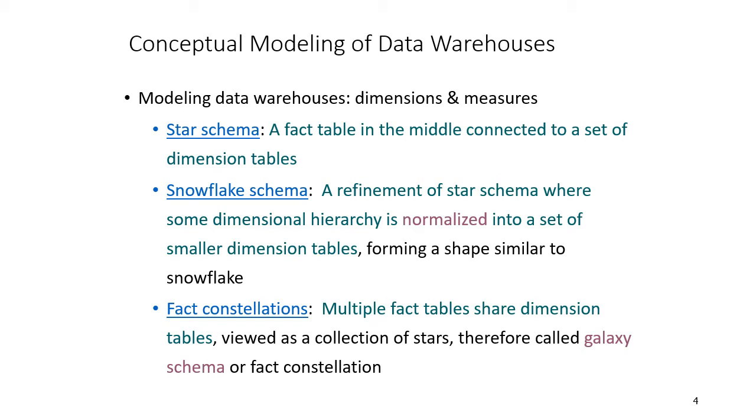But in fact constellation there are multiple fact tables, and in addition to that the dimension tables are also normalized. So therefore it basically creates a collection of stars, and it is also called galaxy schema.